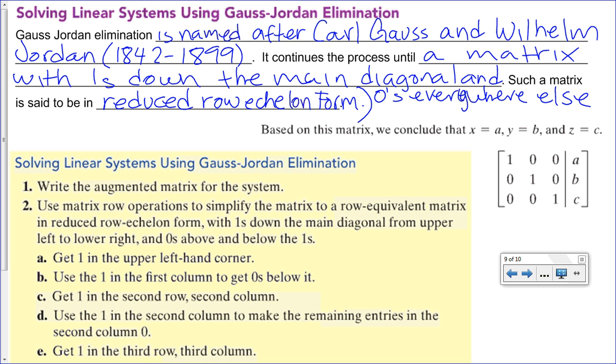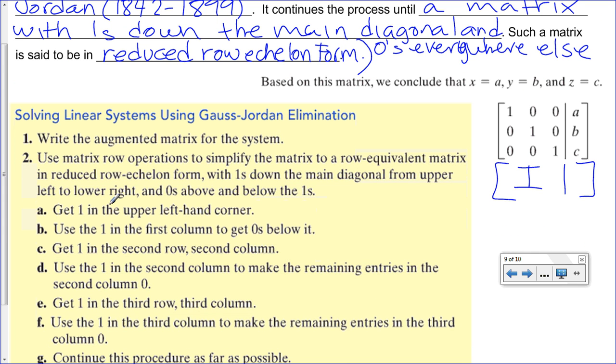So in other words, what we're trying to get is the identity matrix on the left side. The identity matrix is a matrix that when you multiply it by another matrix, you get the same matrix. We're going to talk a little bit more about that on Thursday.